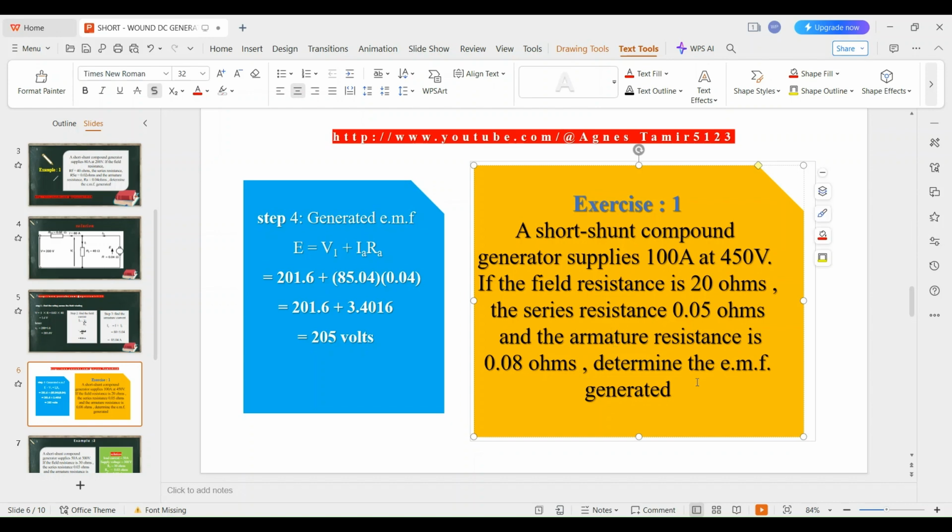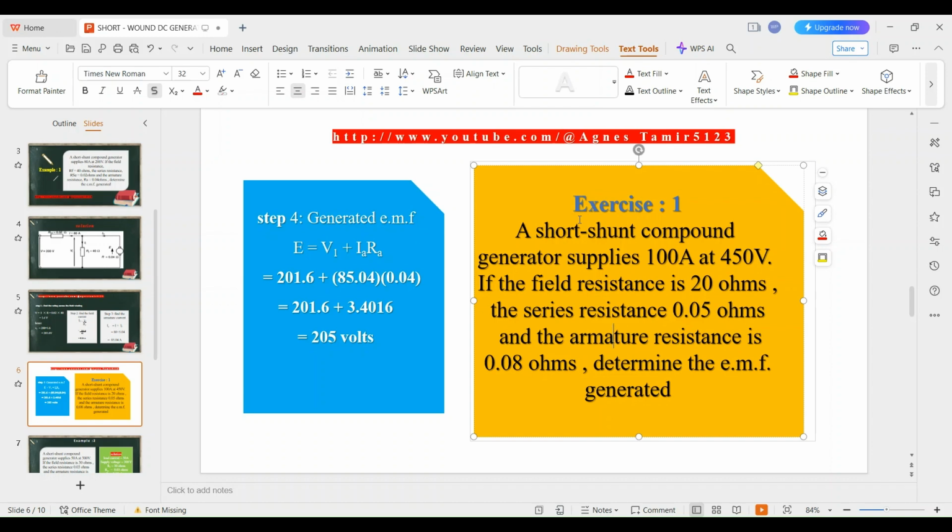Remember, in my class, you have to do assignments to enable you to be familiar with the concept and to calculate without any problem. Remember, practice makes perfect. Exercise number 1 or assignment number 1. It says a short shunt compound generator supplies 100 amperes at 450 volts.